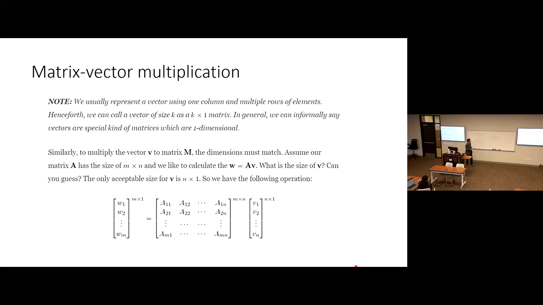Now another special case is, this is also a vector, and this is another vector. So what's the dimension of this product? It will be 1 by 1. So this is the vector to vector inner product.